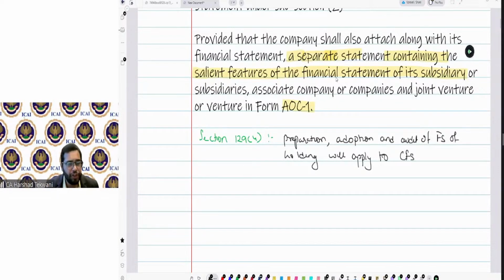Means whatever provisions are there for the preparation, adoption, and audit of the FS of the holding company, that's the standalone financial statement, the same will be applicable to the CFS, that's the consolidated financial statement. Clear?